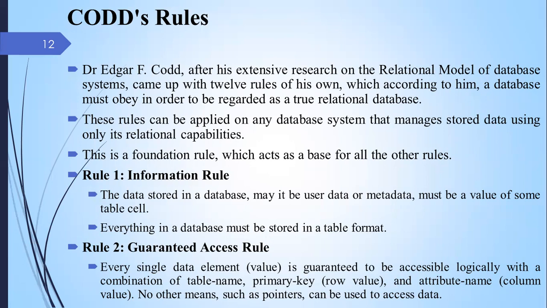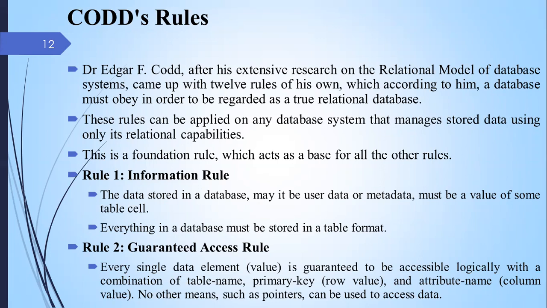So Dr. Codd has given 12 rules, and according to him, when a particular database can follow these 12 rules, it can be a true relational database. So we need to study Codd's rules. These rules can be applied on any database system that manages stored data using only its relational capabilities.